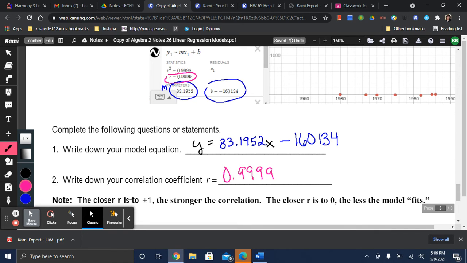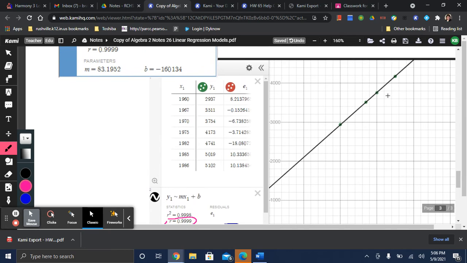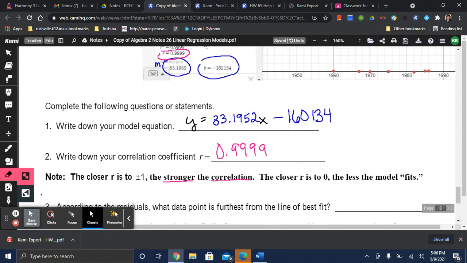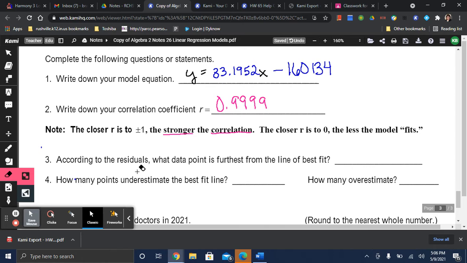And so the closer that this is to 1 or negative 1, if the line had been a negative slope, this would have been negative, then the stronger the correlation. So this is a strong correlation. That means that it's a very good fit for the line. The line does a really good job of predicting what the data is doing and what it will continue to do if it stays on that path.